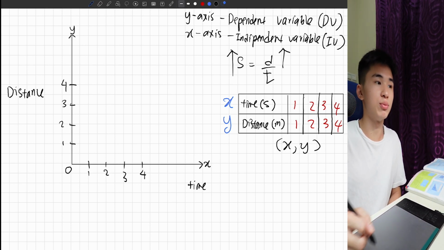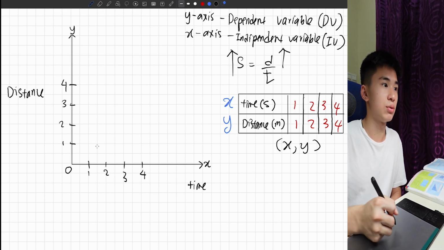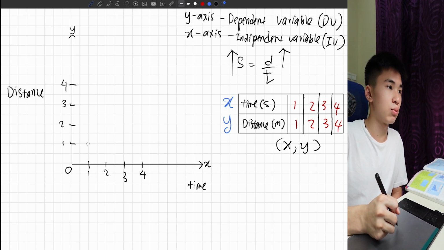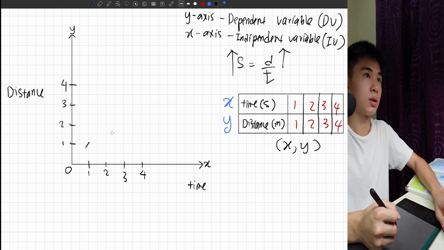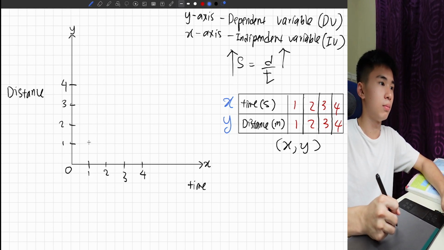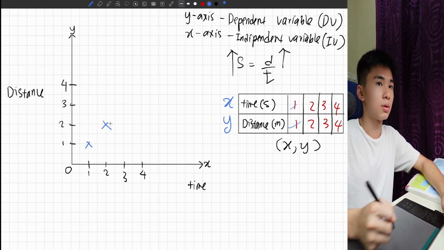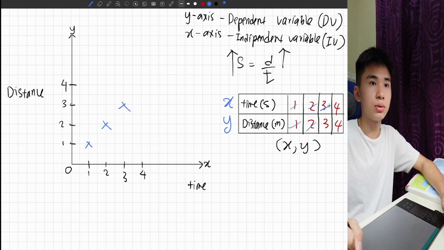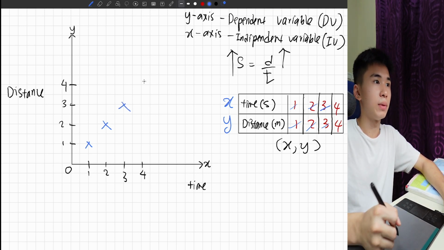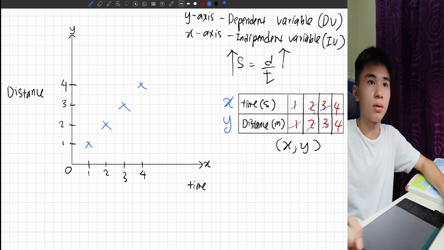So my x is going to be 1, somewhere here, and my y is 1. So I'm going to plot this. Let me just use a blue pen. Okay, I'm done. Cut, and 2, 2. Cut, and 3, 3. I'm just going to cut it so I will not be confused by this table.